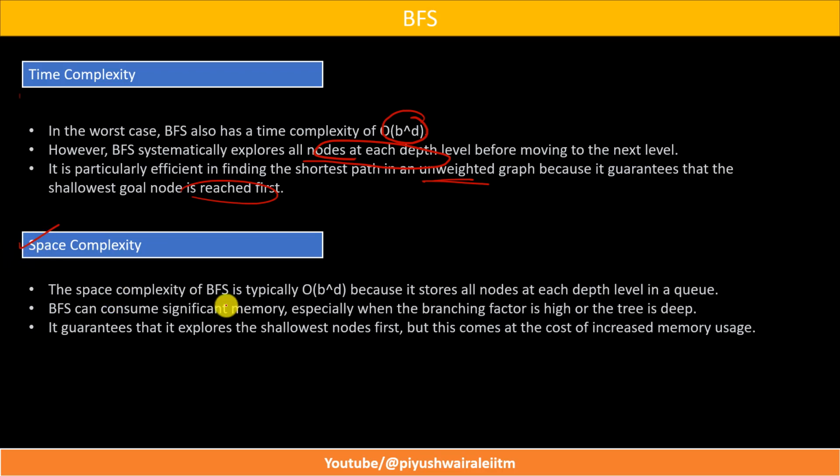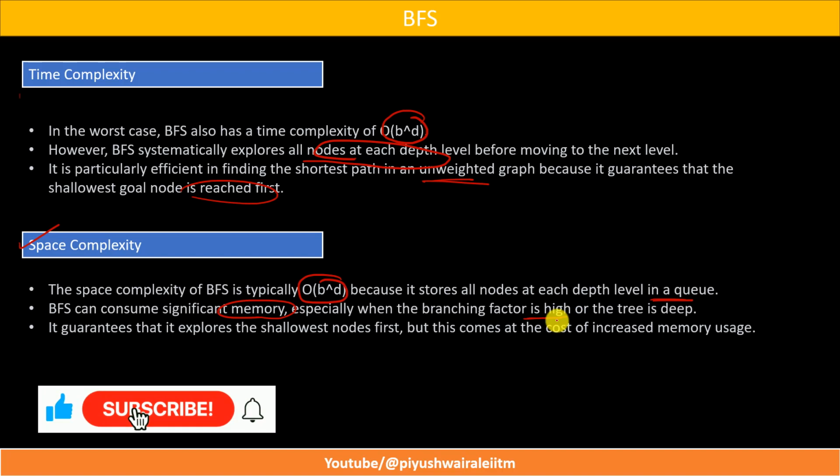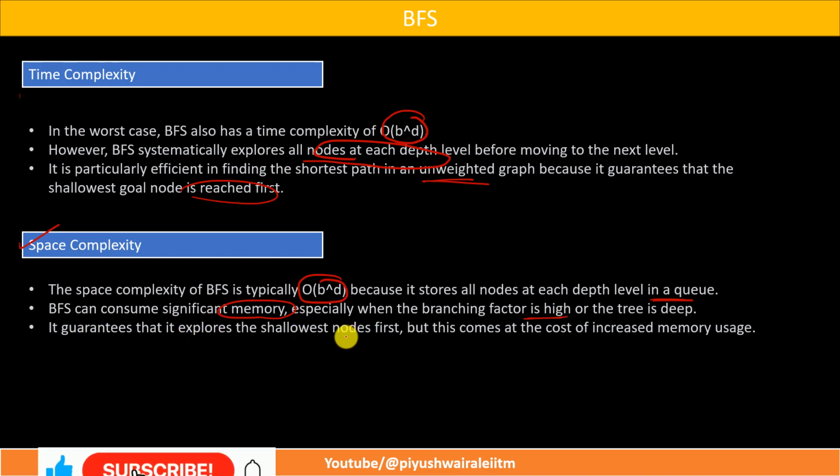The space complexity of BFS is typically order of b to the power d, because it stores all nodes at each depth level in a queue. BFS can consume a significant amount of memory, especially when the branching factor is high or the tree is deep. It guarantees that it explores the shallow nodes first, but this comes at the cost of increased memory storage, right?